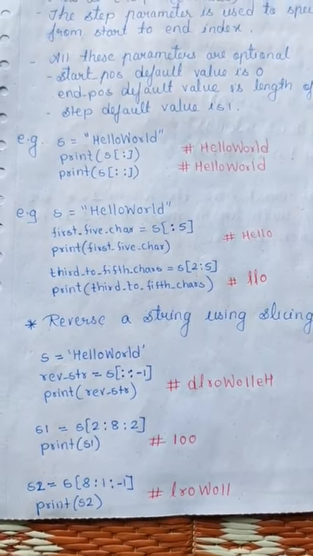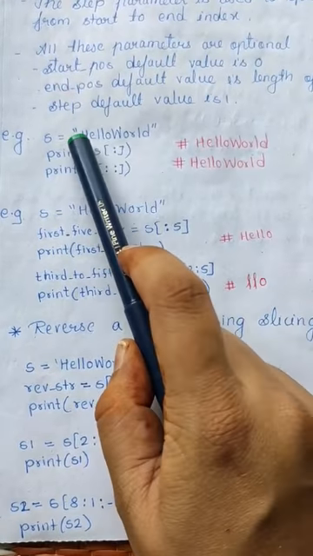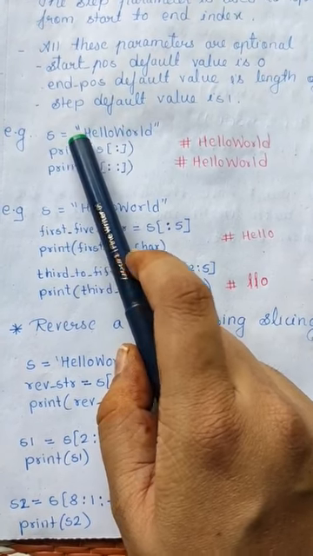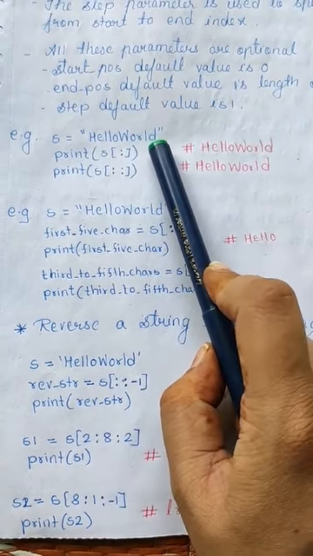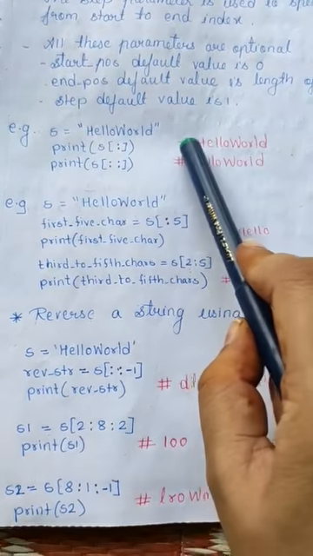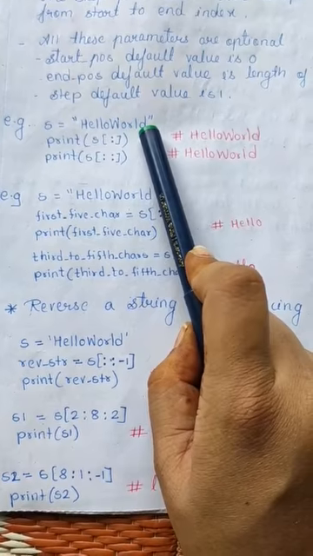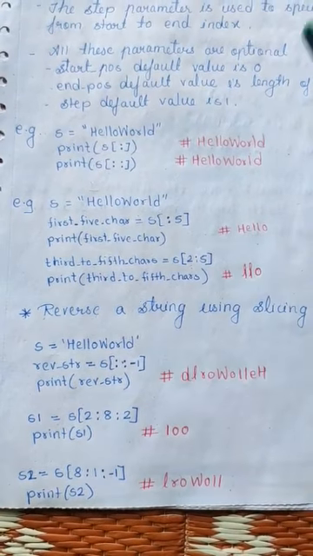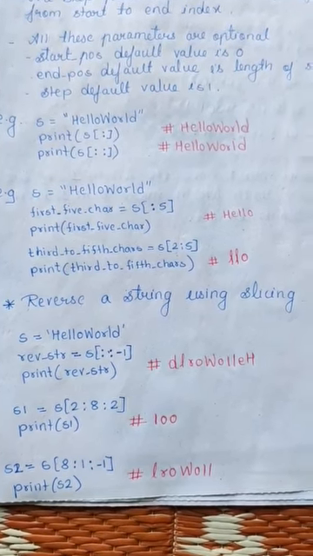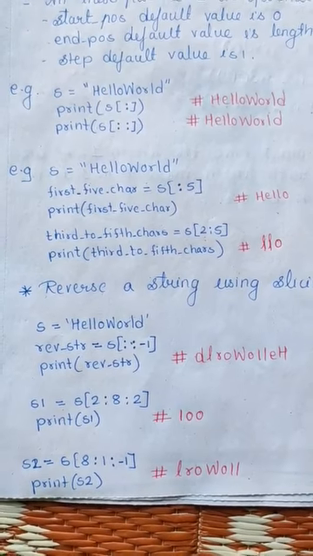By default your starting position will be 0 and by default your ending position will be the length of the string, that means the total string, and the step will be 1 by default.